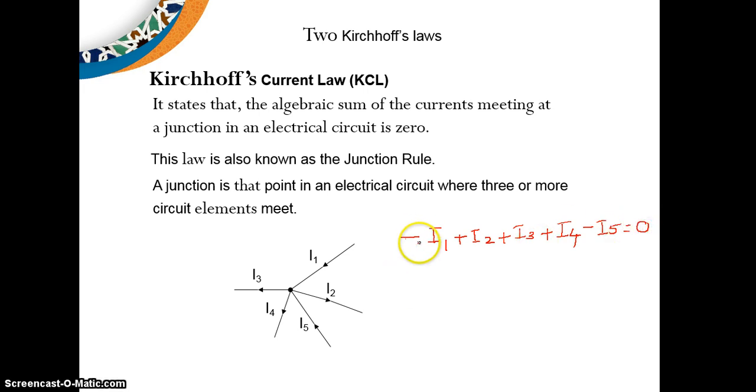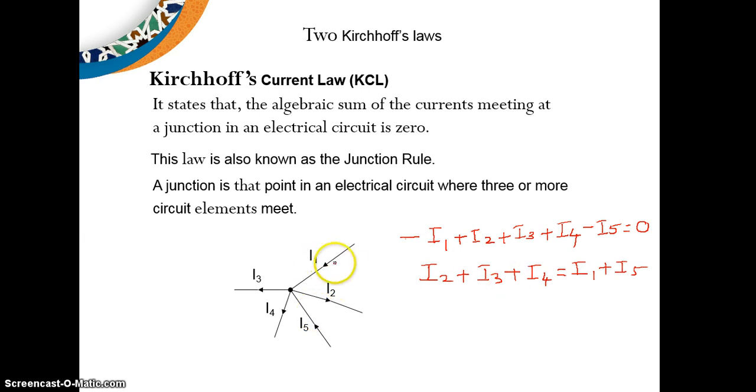You can even take the opposite direction, it's up to you, but assume that one direction is positive and the other direction is negative. So I can write I2 plus I3 plus I4 should be equal to, taking the right side, I1 plus I5. That means the sum of all the currents entering the junction should be equal to the sum of all the currents leaving the junction.